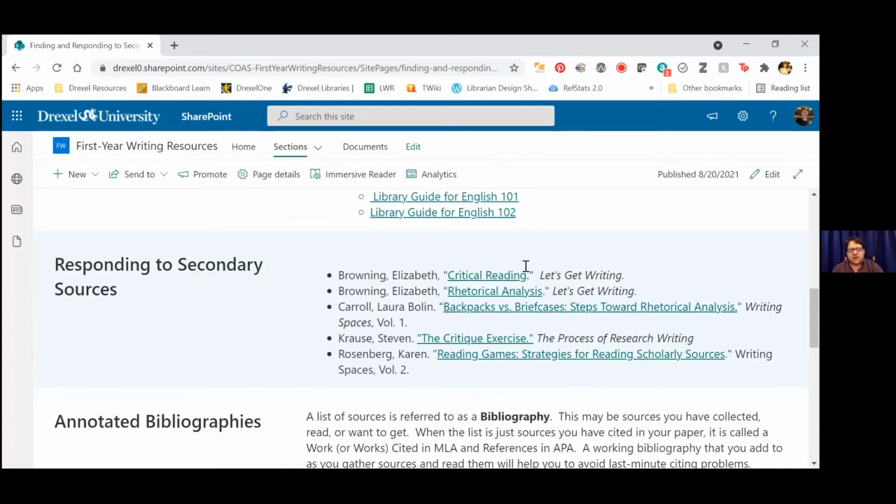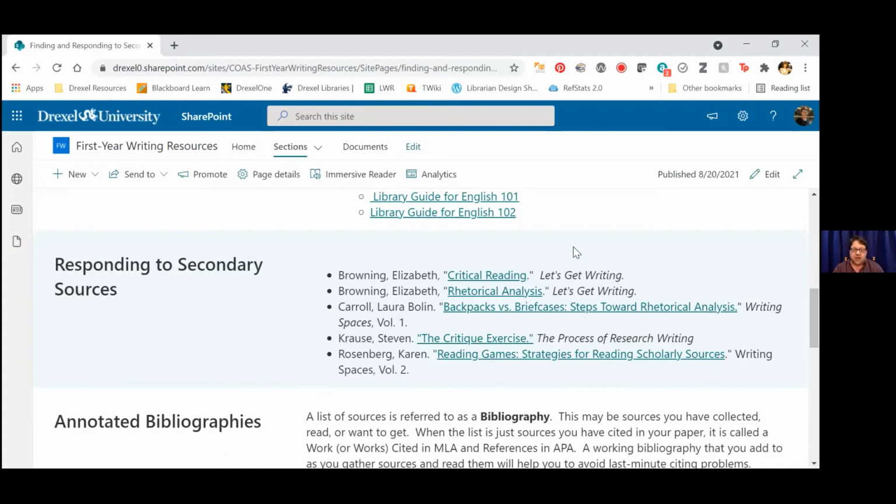As long as you're here, one of the core syllabus projects, for the new folks and for anybody who wants to use it, there are people who've been around who still use it. You could either do a rhetorical analysis or a critique for project 2 in English 101. So in this section, responding to secondary sources, you have a couple of different resources for each one.